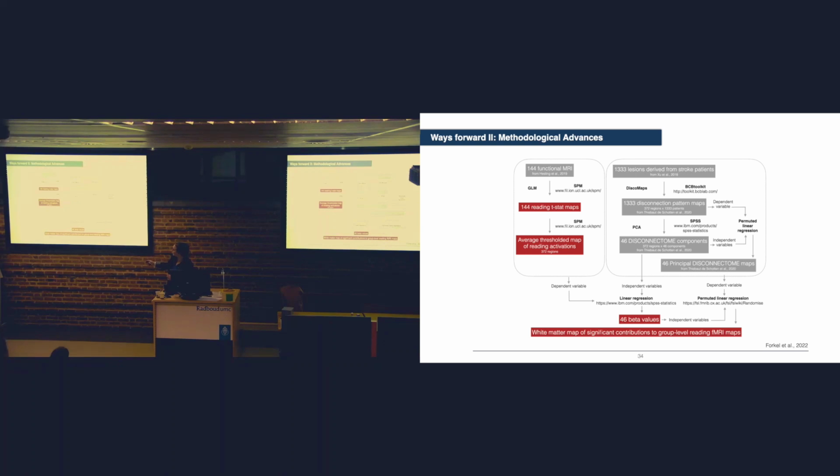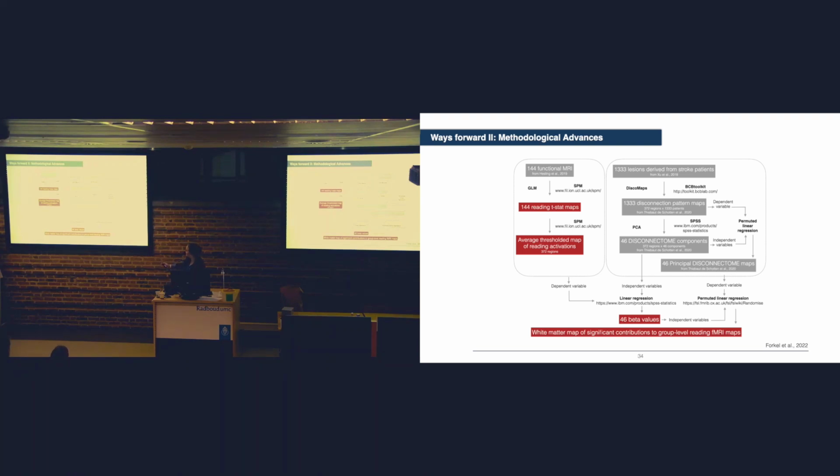So we had an fMRI data set of 144 people in Bordeaux who did a language task in the scanner. We took those fMRI scans, did the classical statistics on it to get the T-stat maps, and then averaged and thresholded the maps as you do with functional imaging.